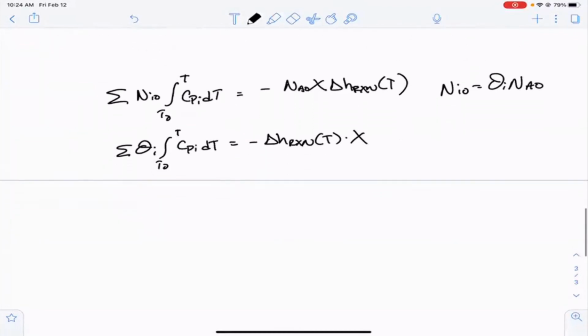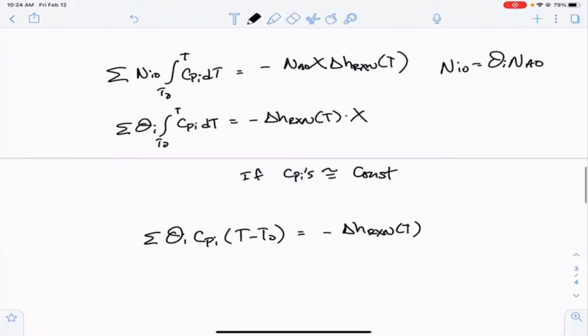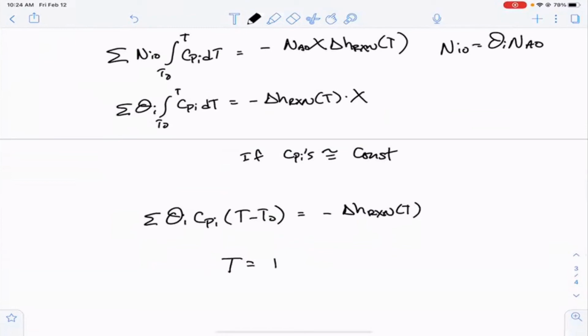And the last thing we can do is ask ourselves, well, what would happen if the heat capacities were approximately equal to a constant? Well, then the integral simplifies. And then we get the sum of theta i Cpi times (T minus T0) equals minus delta H of reaction times X. And we can solve this for the temperature, right? So T equals T0 minus delta H of reaction times the conversion divided by the sum of theta i Cpi.